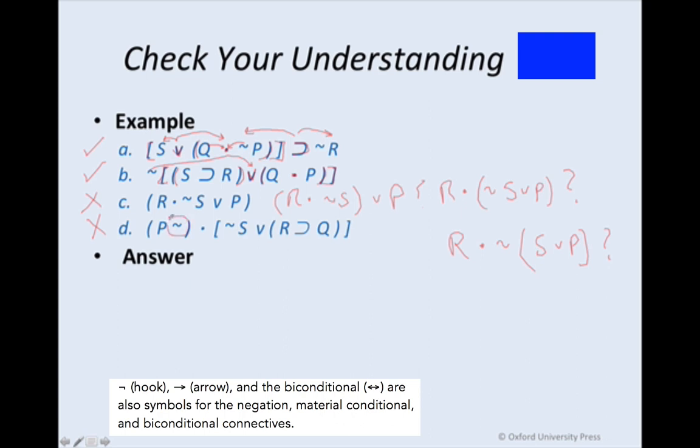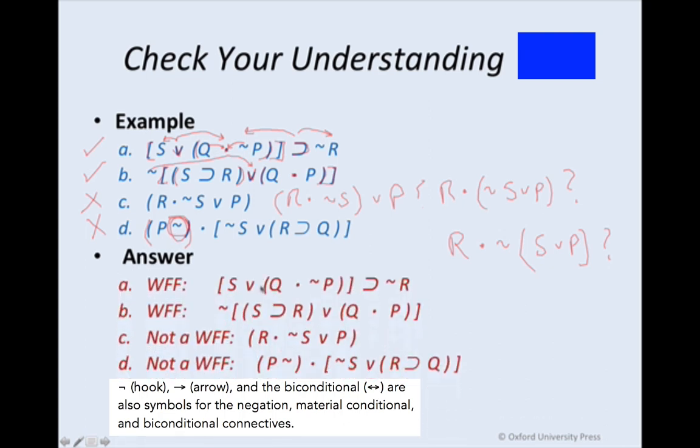We've got a negation that's not to the left of anything, and a pair of parentheses that are not serving to unite a compound sentence. Apart from that, the right side of the dot is a well-formed sentence, so our big problem here is with the left side of the dot. Let's check our answers. A and B, as we saw, are both well formed, but C and D are not.